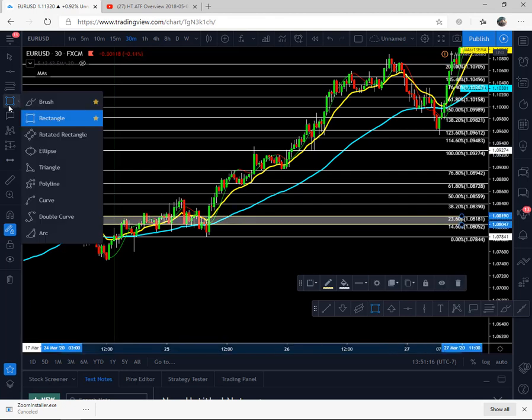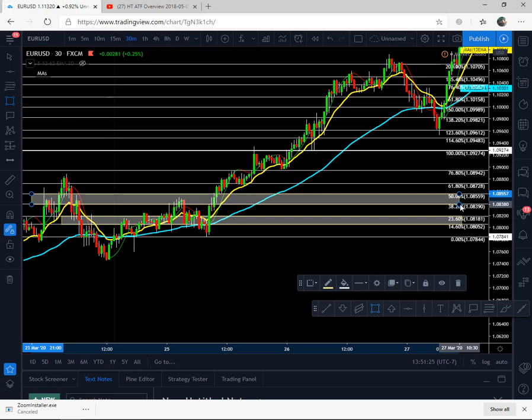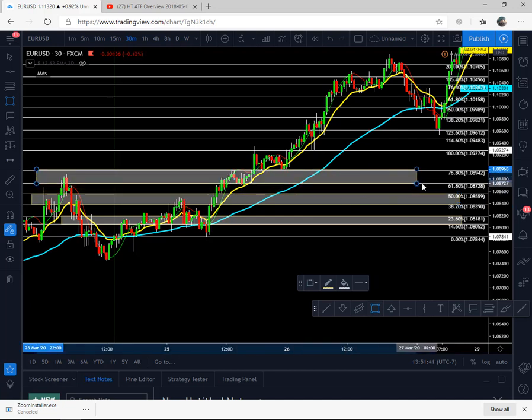You don't have to do this, but I find this to be a lot clearer when it comes to seeing how price is moving, if it's doing higher highs or lower lows, if it's respecting any particular support or resistance level.